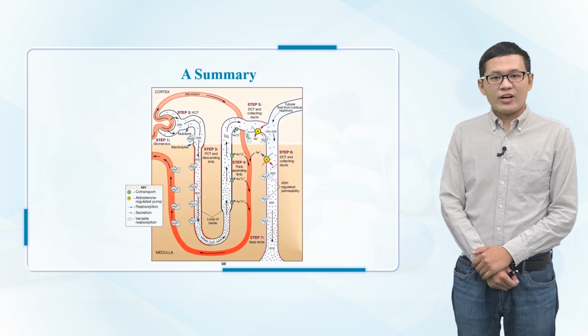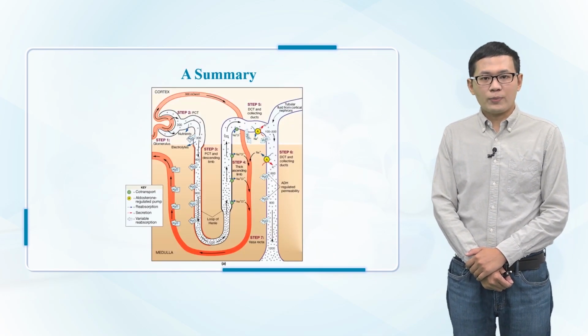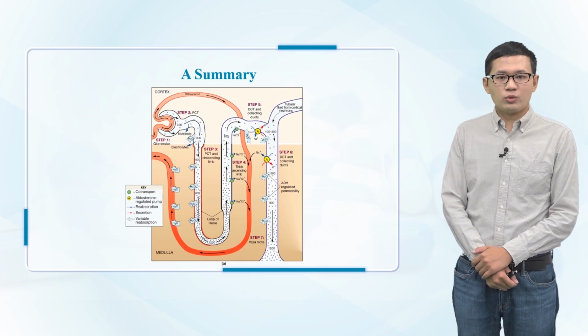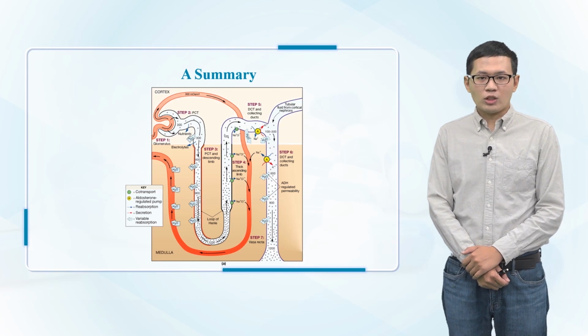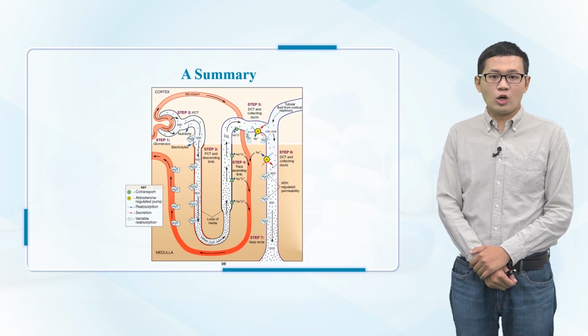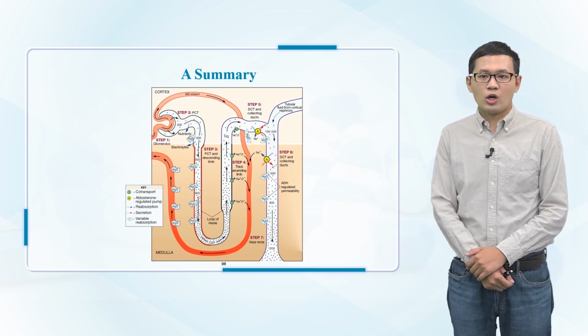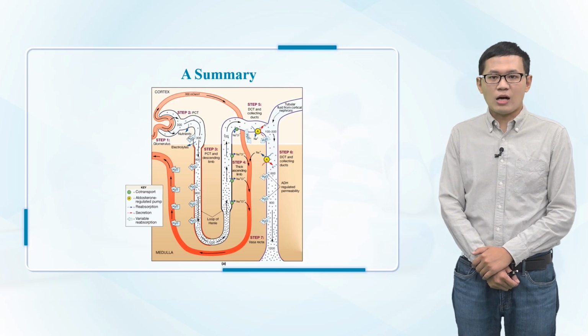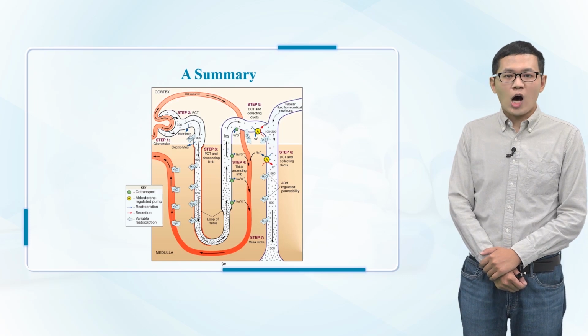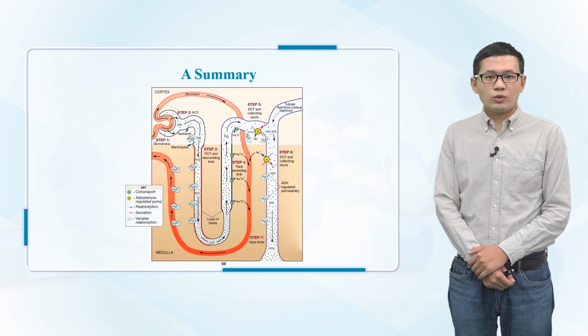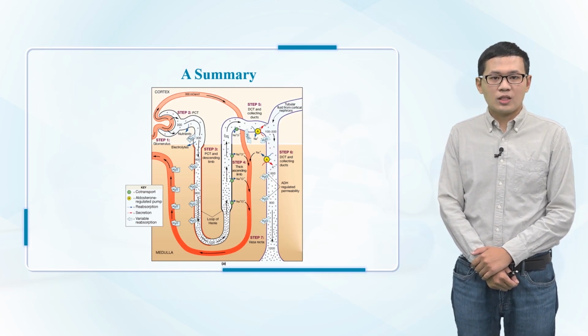So, the major factors that contribute to the buildup of solute concentration in the renal medulla are as follows: active transport of sodium ions and co-transport of potassium, chloride and other ions out of the thick portion of the ascending limb of the loop of Henle into the medullary interstitium.